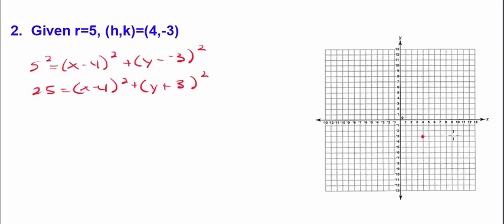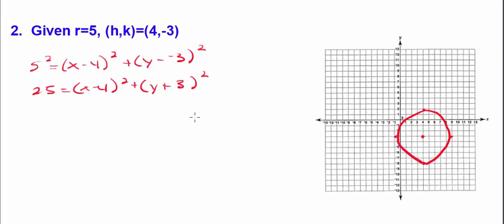So it should be to the right 5 units, which would be 9, down 5 units, which would be 8 right here, up 5 units, which will be positive 2, and then to the left 5 units, which will be negative 1. And I will do my best to draw a nice looking circle, but from here you connect these 4 outer points to form a nice circle. And that's the graph of your circle.